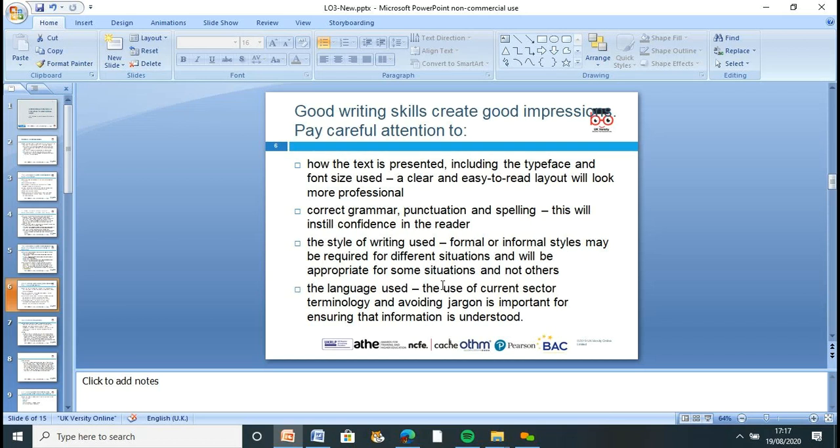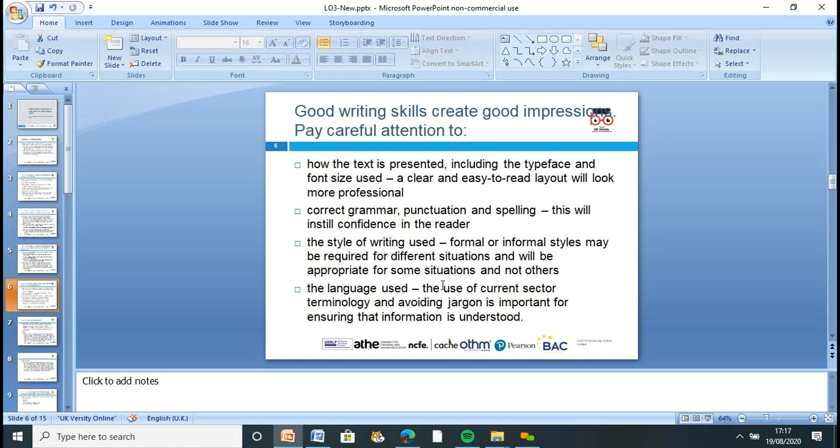So we need to have good writing skills, and these will actually create a good impression. If I'm going to be honest, my handwriting is not the best. When I sit down, it can be very illegible if I'm trying to rush. So I have to take a lot of time to make it neat and clear. So this one I need to pay attention to as well.